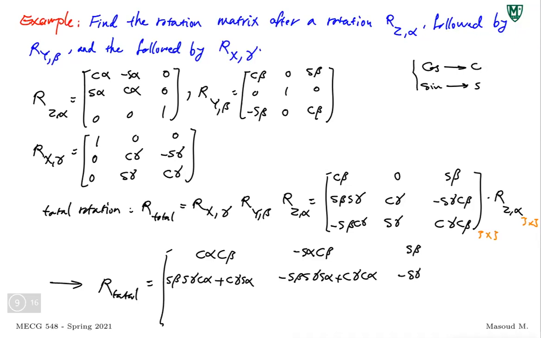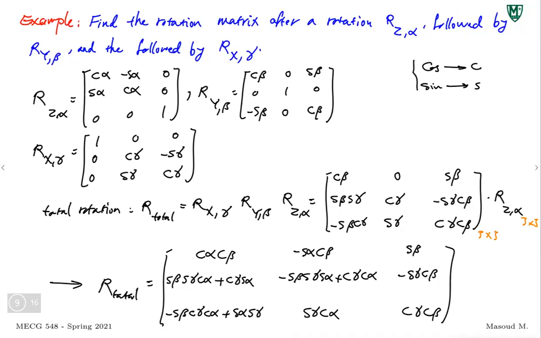Minus sine gamma cosine beta, then minus sine beta cosine gamma cosine alpha plus sine alpha sine gamma, and then sine gamma cosine alpha, and eventually cosine gamma cosine beta.